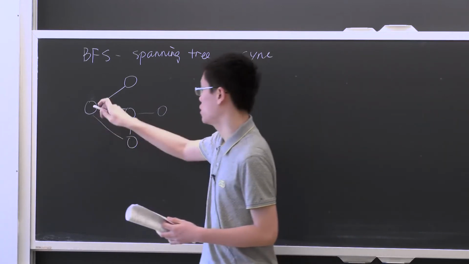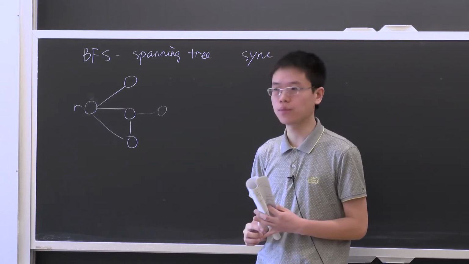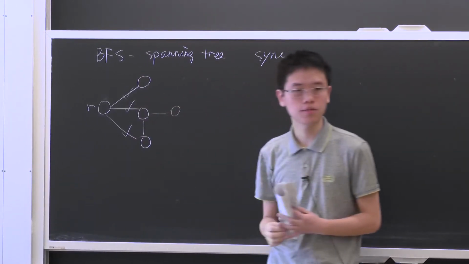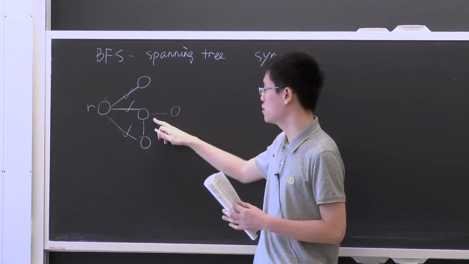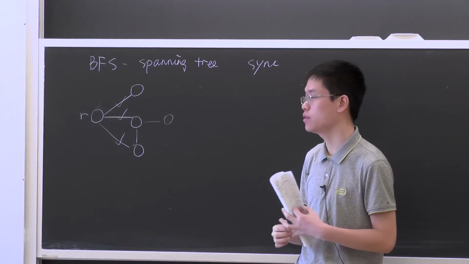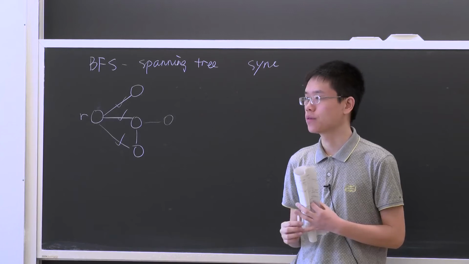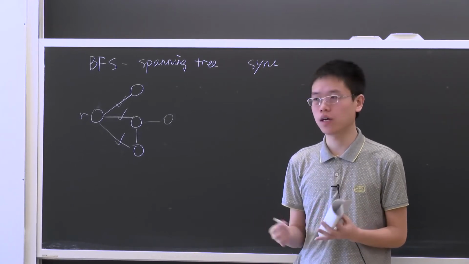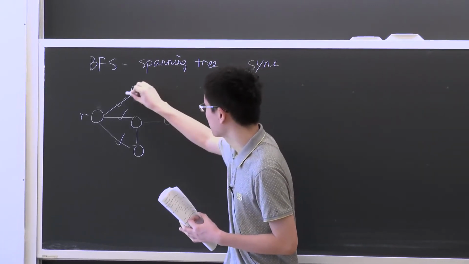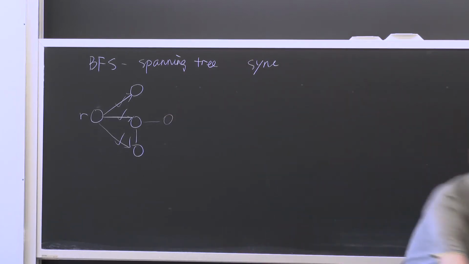We need to first choose a root. And our root will send a message to its neighbors saying you are my child, you are my child. Then every node, upon receiving this message from the parent, will search among its neighbors. The neighbors that haven't got a parent will acknowledge this sender as the parent. Okay, that's a little messy.